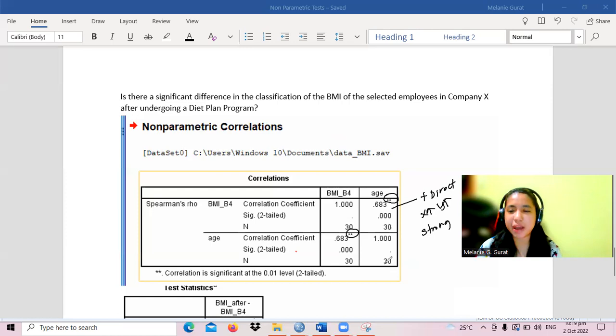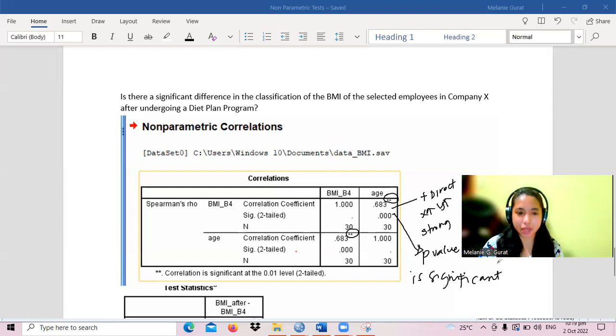And the correlation is strong, and this is supported by our p-value, which is significant. The p-value indicates that there is a significant correlation between the BMI and the age.